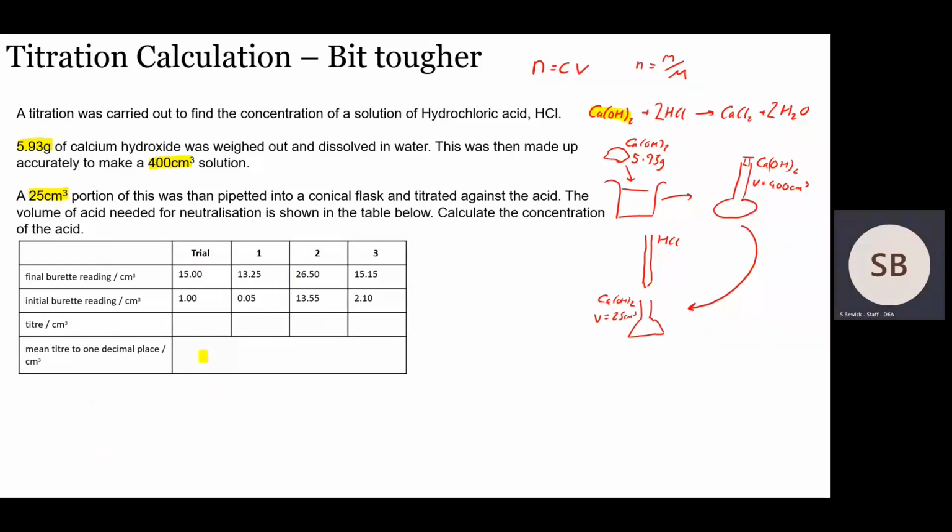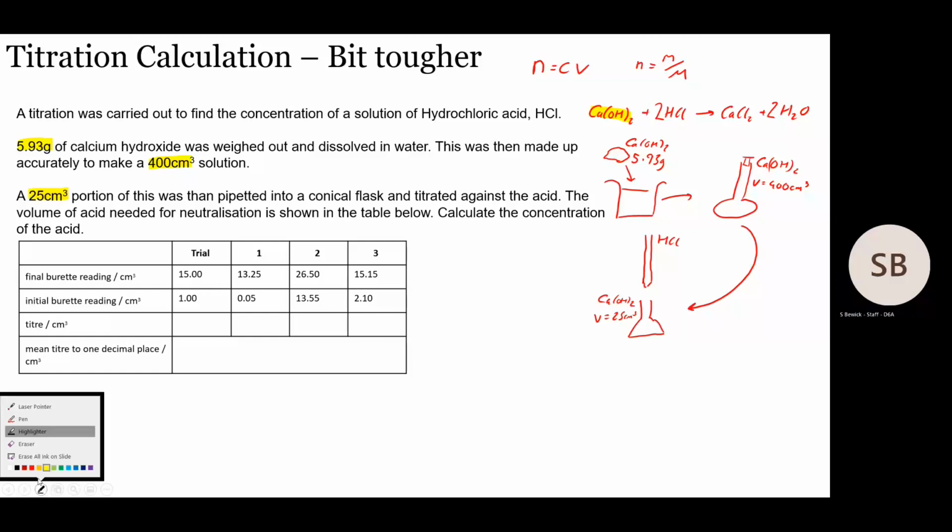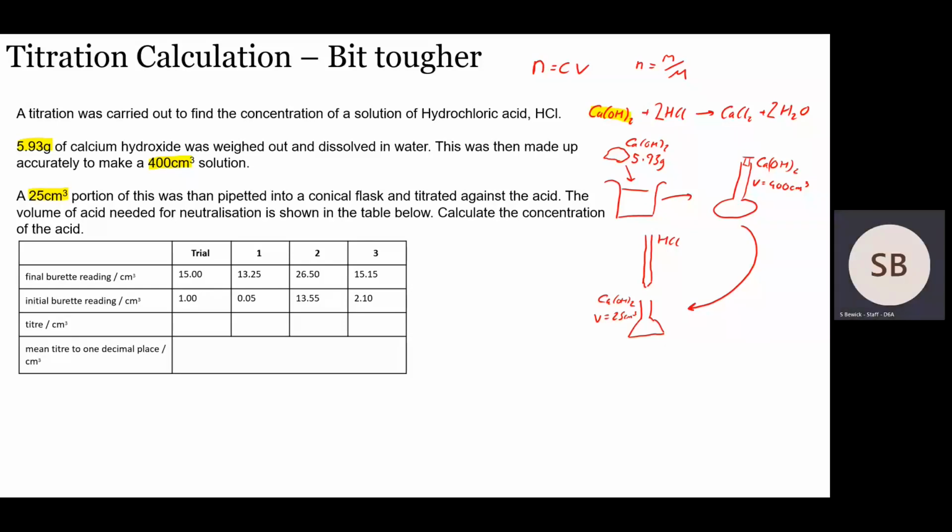And then the hydrochloric acid, the only data we've got is this table. So there's a few different places we could start. But I think we might as well do it in the order the question says. Let's start off with the calcium hydroxide.